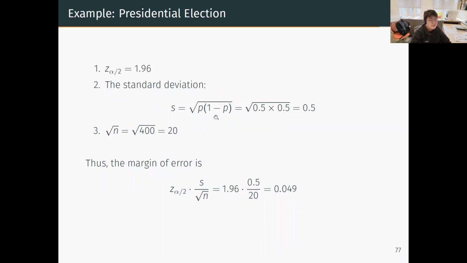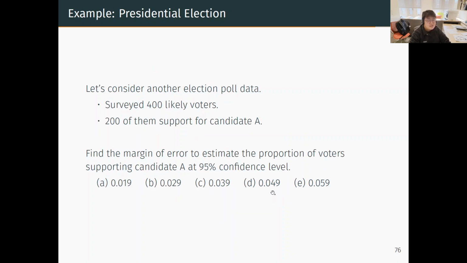So 50% times 50%, square root of that is 50%. Standard deviation is 0.5, and sample size is 400. We surveyed 400 people. So plug them in, then you get the margin of error. Now, the margin of error does not require the sample average, so you only need 3 numbers. So the answer is D.